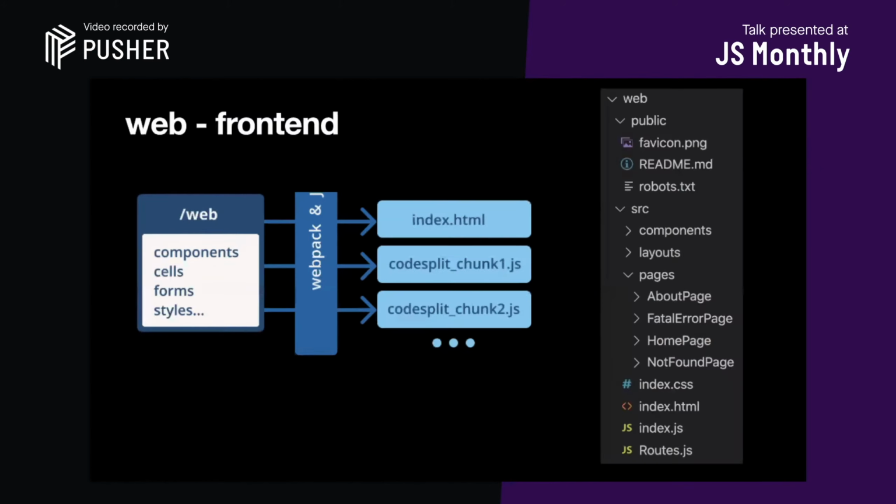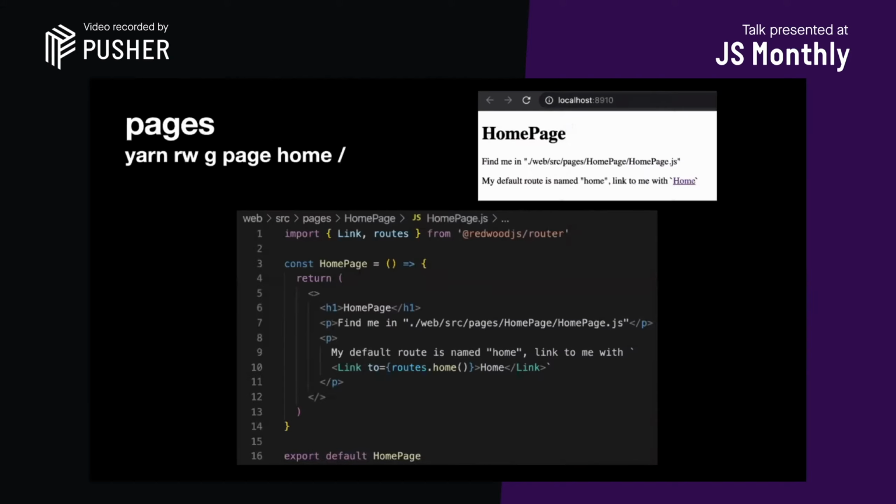Let's just look at the web folder first. If you've ever used Create React App or Gatsby or Next, it's a similar setup with pages and layouts. And there's an index.js and index.html to load in your single page application.